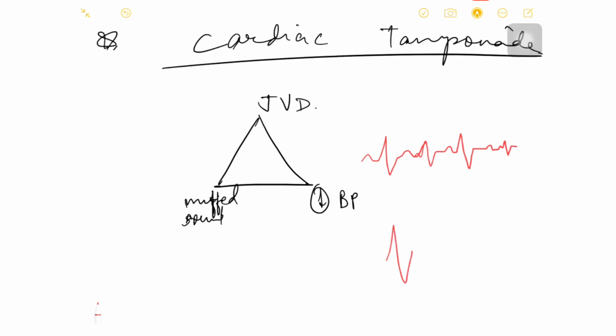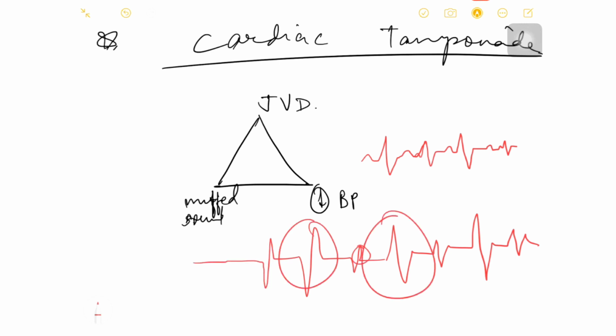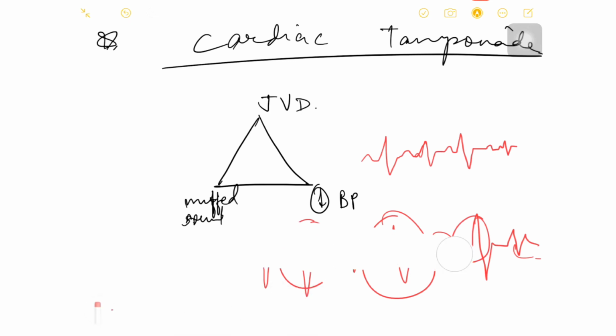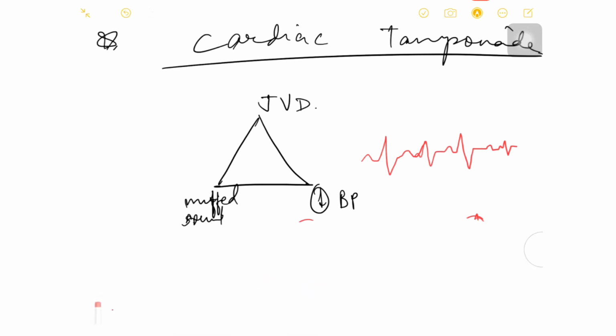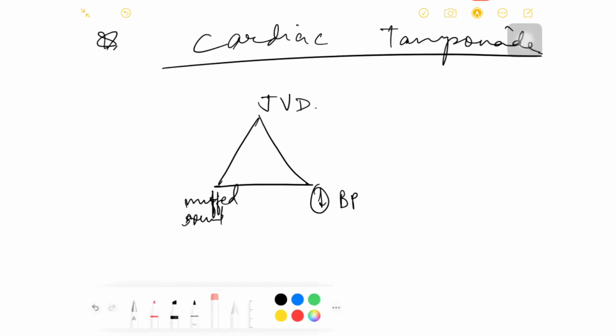So basically: big QRS, small QRS, big QRS, small QRS, alternating. Very easy ECG. Got it, everybody?